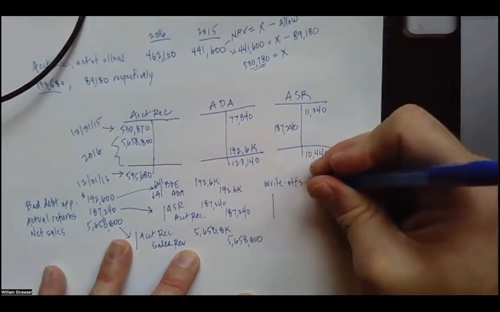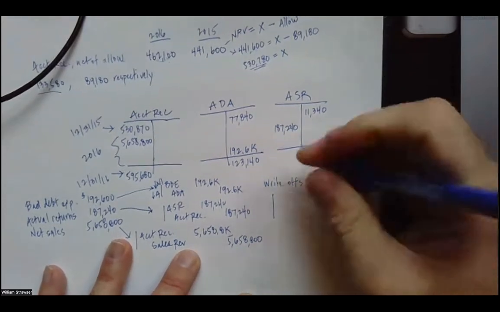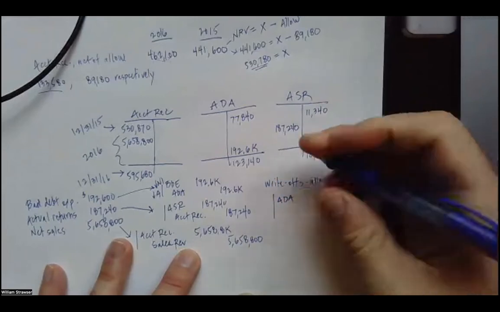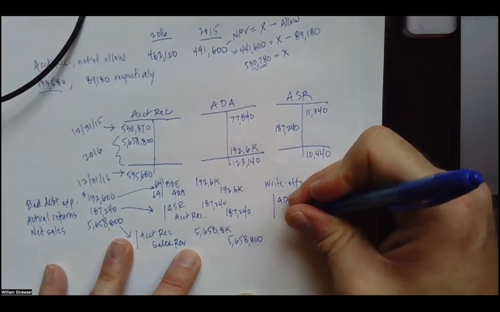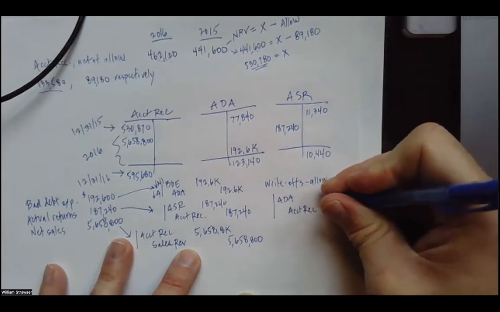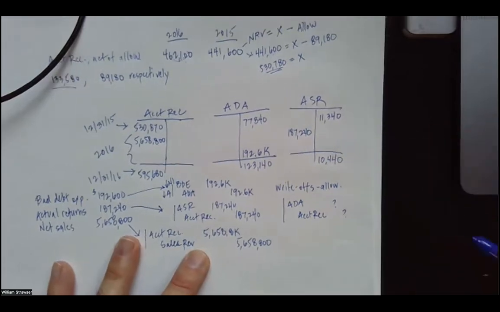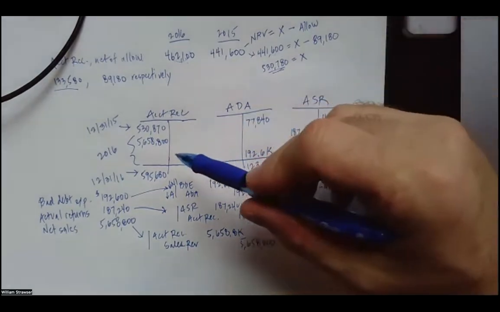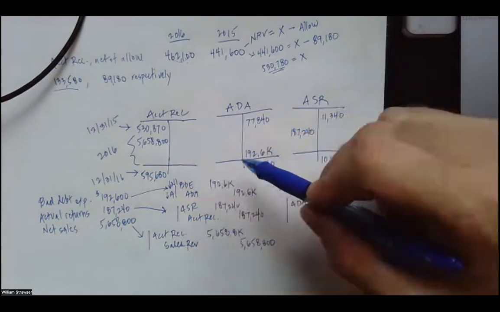So a write-off under the allowance method says that I reduce my ADA and I reduce my accounts receivable. So we're looking for this number, and we know it's a reduction to both of those accounts. And now I have to figure out where the smarter play is. Where do I want to go to figure that out?